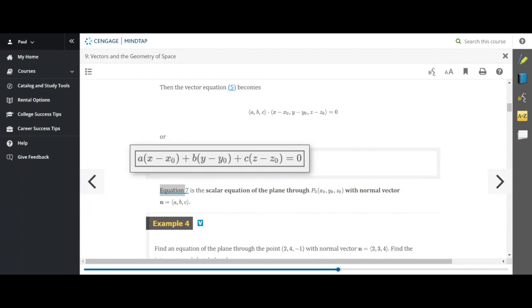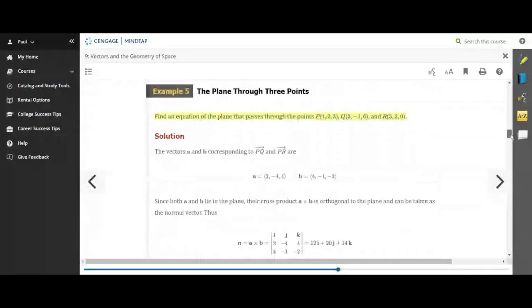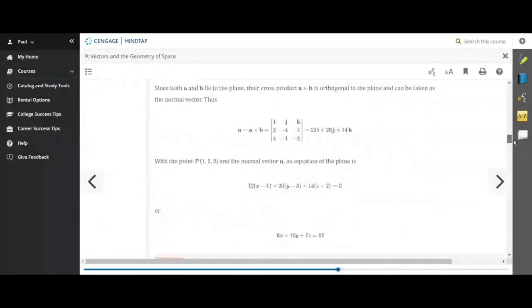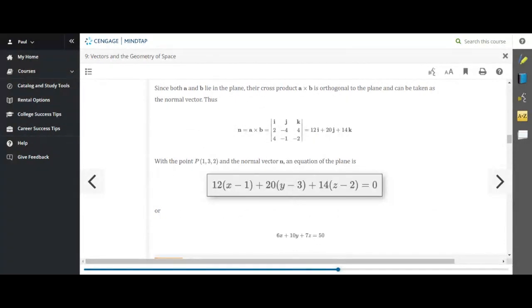So we just substitute in the values for A, B, and C, and the values for x sub 0, y sub 0, z sub 0. That's all we do. And so when we do that, see, that's what they did.